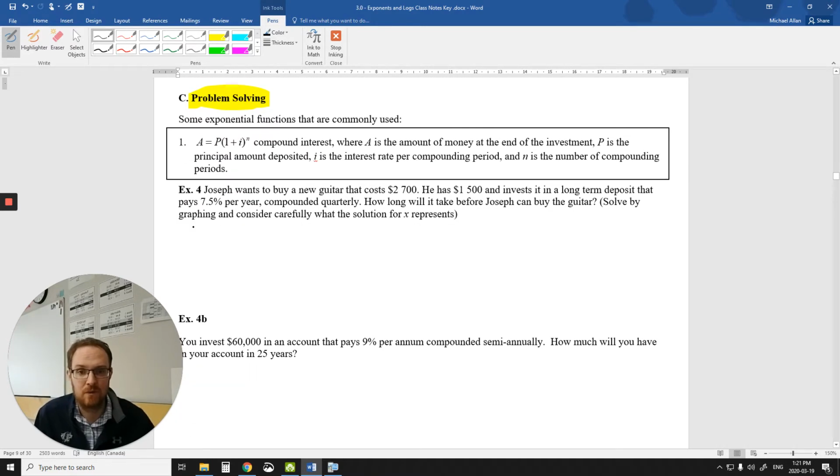We are going to solve some word equations, and they do get a little bit weird, but this setup that we have here, A is equal to P times (1 plus i) to the power n, is very similar to what we did before when we talked about the growth or decay of a fish population, or the growth of a bacteria culture. We talk about exponential growth functions. This 1 plus i is very similar to that.